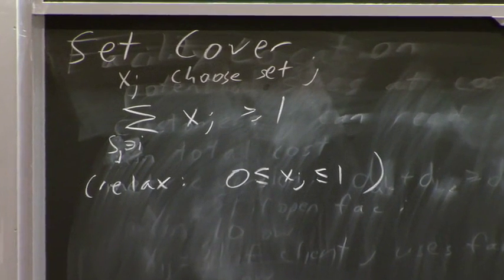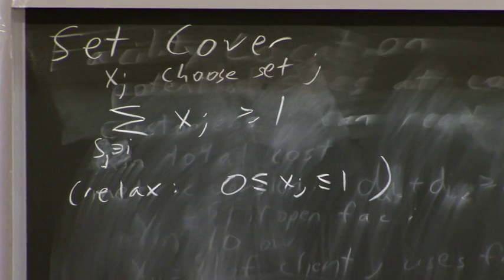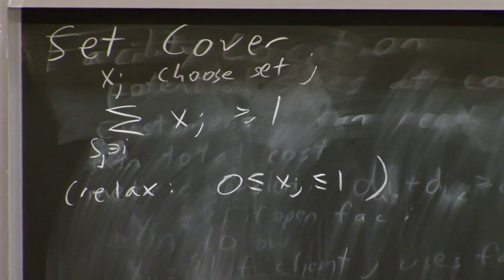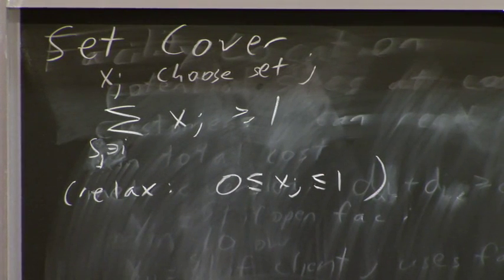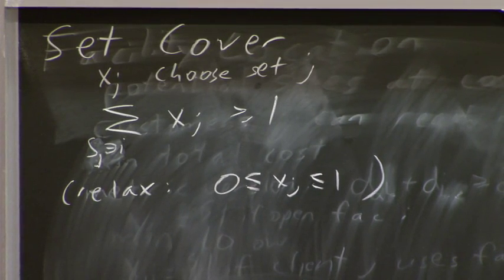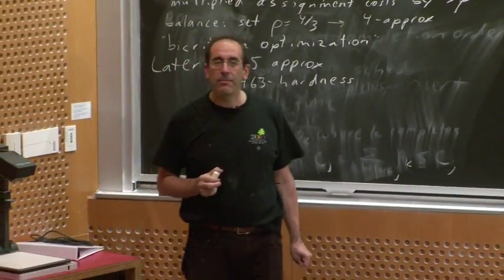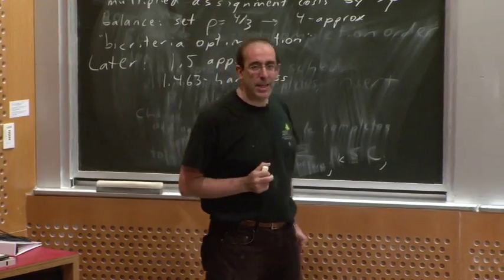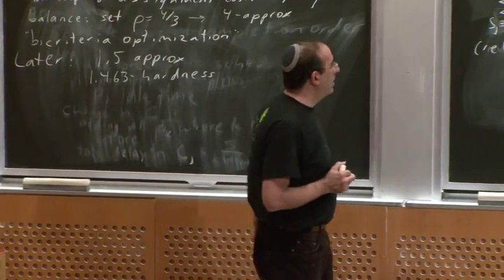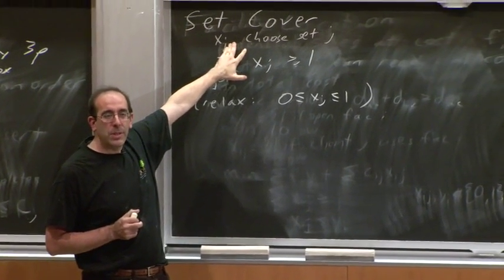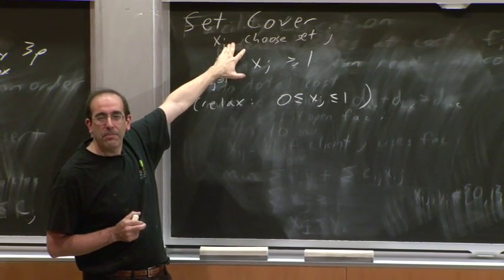Anytime you see a real number between 0 and 1, there's a natural way to interpret that real number, namely as a probability. Any number between 0 and 1 can be a probability. So how can we use this probabilistic interpretation? Well, we could talk about the probability with which we choose set j.